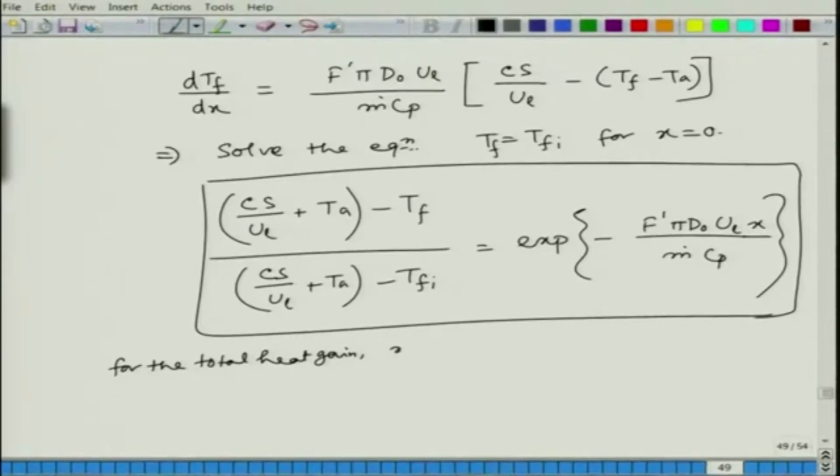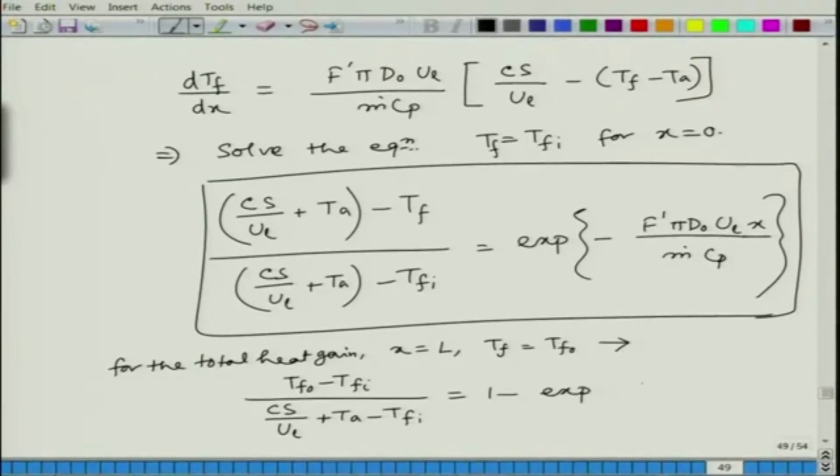Okay. So, for the total heat gain, this x equal to L and we have Tf equal to Tf naught. So, what we can write from the above equation, we will have Tf naught minus Tfi divided by Cs by UL plus Ta minus Tfi is equal to 1 minus exponential, the same expression, F prime pi d naught UL, now you have L, capital L, because x is equal to L, divided by m dot Cp.